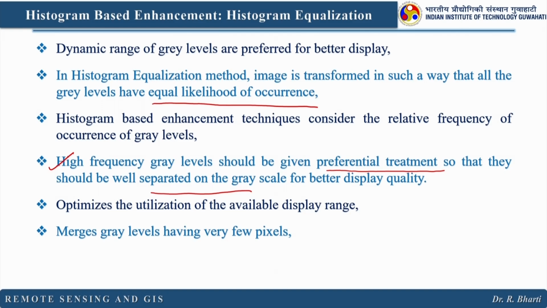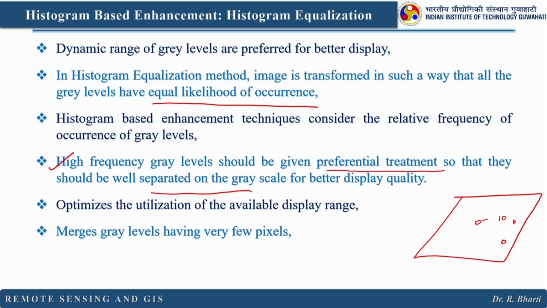Sometimes in your image there are few pixels only, like DN number 10, and the frequency of this DN number 10 is maybe 4 or 5. Do you really need to worry about those 4 or 5 pixels? No, out of this 1000 by 1000 pixels, you have 4 or 5 pixels of DN value 10. That is not going to matter.